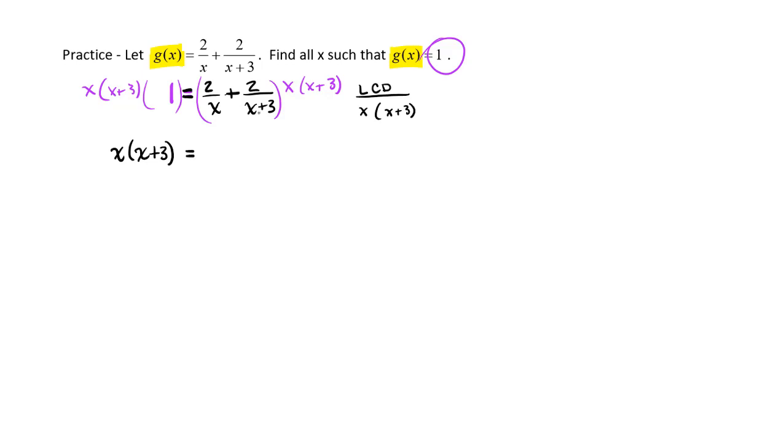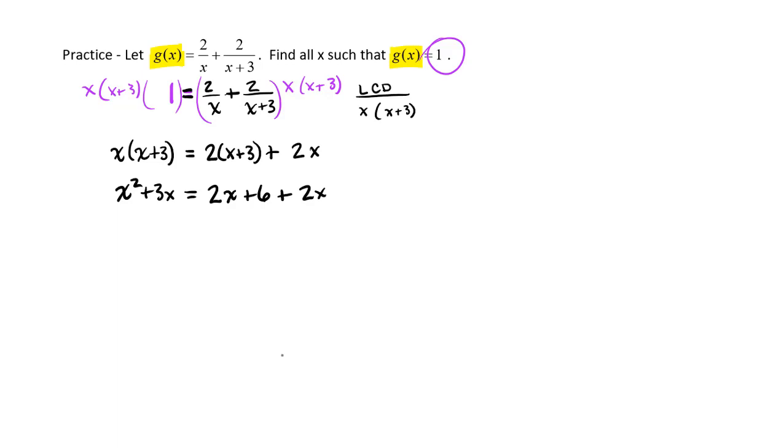But on the right, my x will divide out of the 2 over x, and I'll just be left with 2 times (x plus 3). And my second rational expression, 2 over (x plus 3), the x plus 3 will divide, and I'll just have 2x. Distributing, I will get x squared plus 3x on the left. On the right, I'll have 2x plus 6 plus 2x.